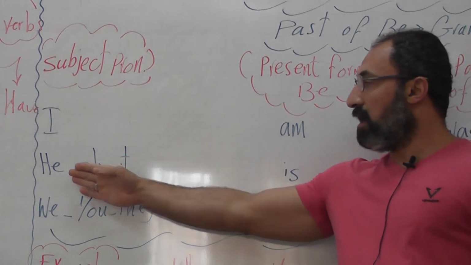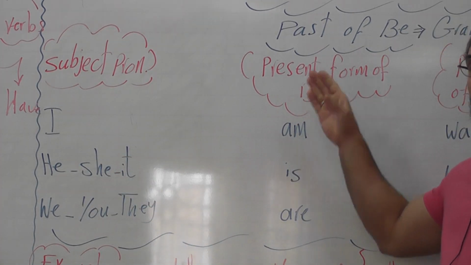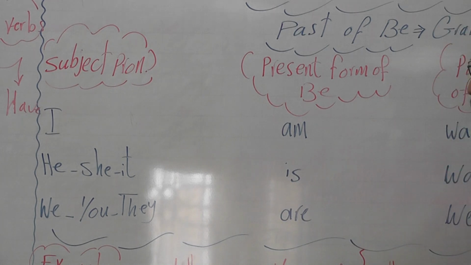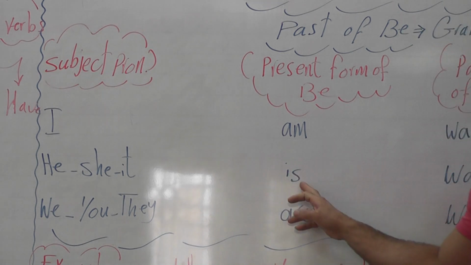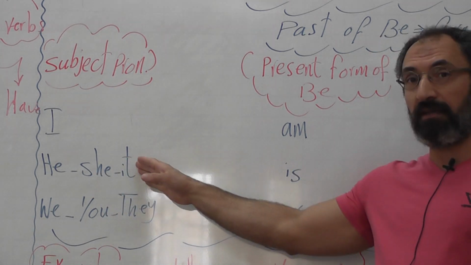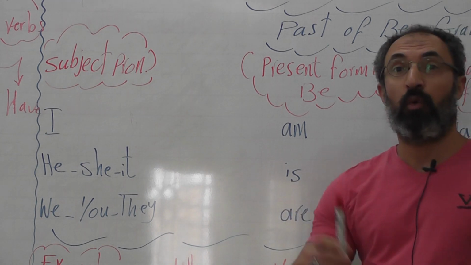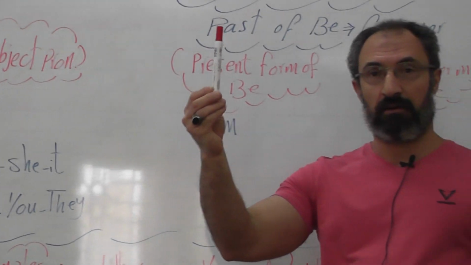He, she, it. As for verb to be in the simple present form, we have is. So I have to say he is. She is. It is. For example, what is it? It is a marker.